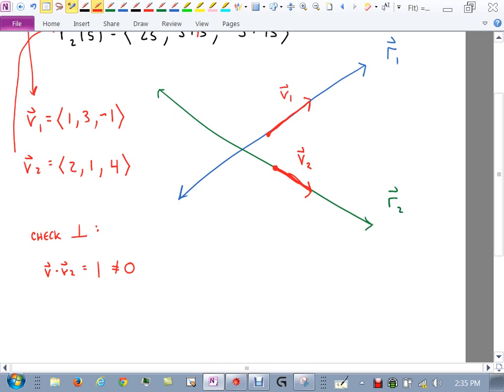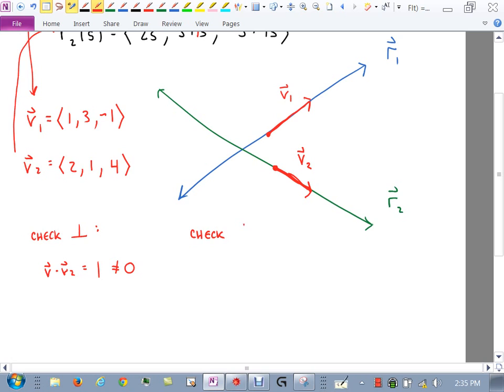If the lines are parallel, that means that their direction vectors must be parallel. And for direction vectors to be parallel, we just need them to be scalar multiples. So are these two scalar multiples of each other? No. So we don't even need the cross product. In fact, very rarely have I ever used the cross product to check to see if two vectors are parallel, because you can always check to see if they're scalar multiples first.